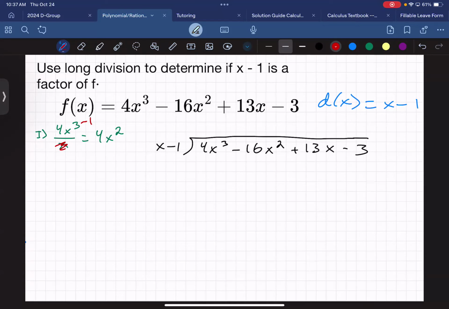So right now we need to multiply, right? So we divide and then we multiply. Now make sure you put that 4x squared over here though. As we talked about, put it over the negative 16x squared because they're like terms. But we do want to multiply with what was the divisor. The key there is that's where the distribution takes place. That's what brings in the minus 1 aspect of our divisor.